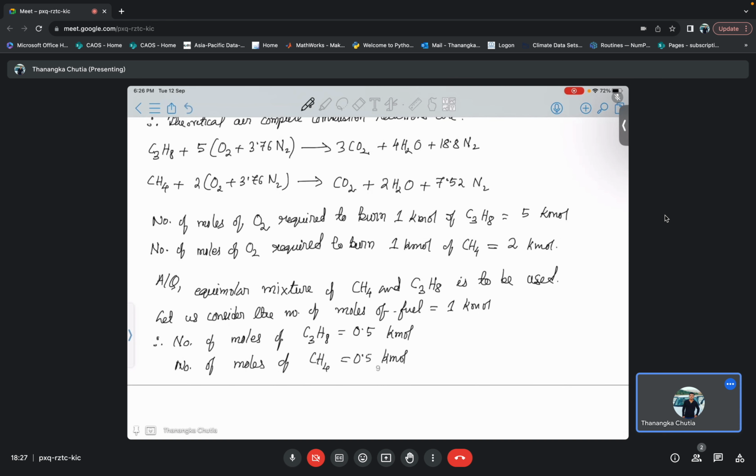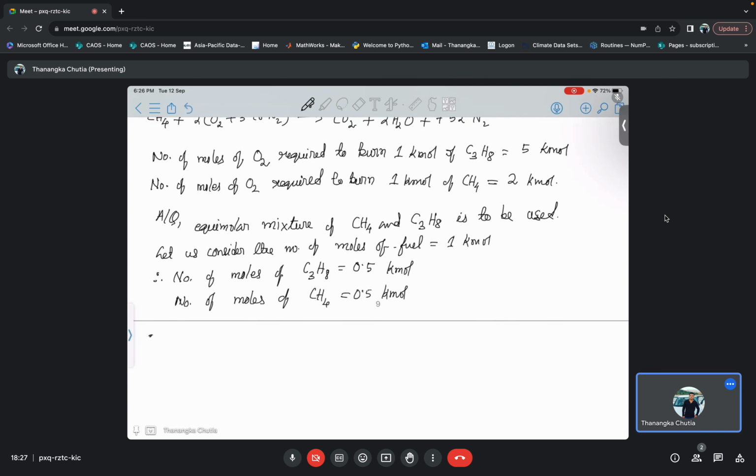Okay, so therefore number of moles of oxygen required for complete combustion of the fuel is equal to what?